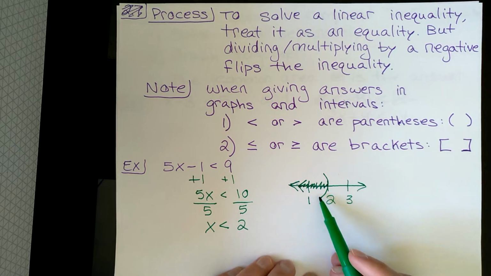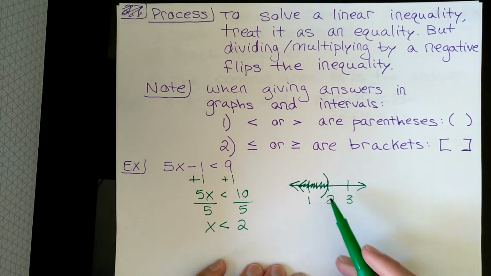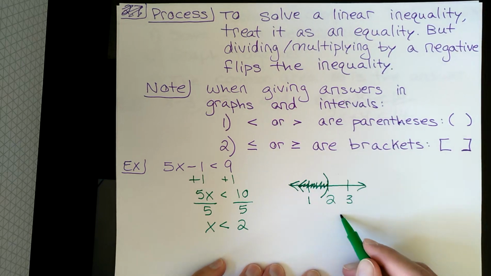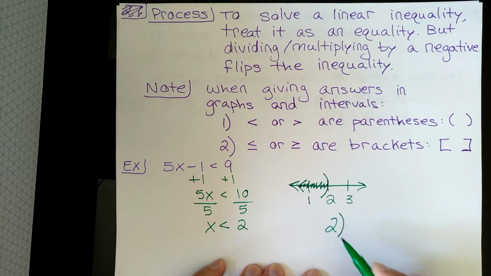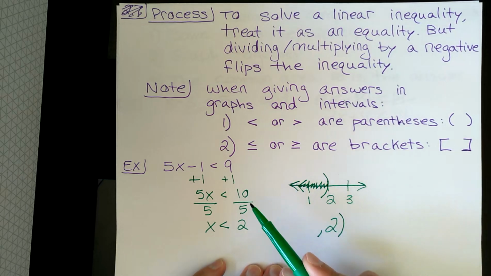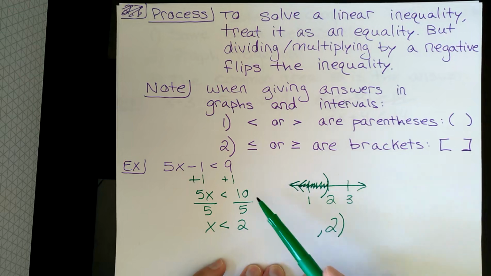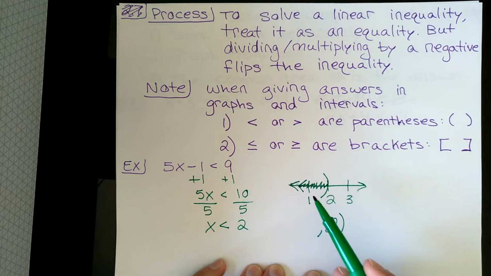And now the interval notation comes directly from this. We have a parenthesis at 2, and we're going all the way to the left. What's the leftmost number that you can think of? Well, every number you can think of to the left of 2, there's going to be another number to the left of it, which means it's going to go all the way to negative infinity.